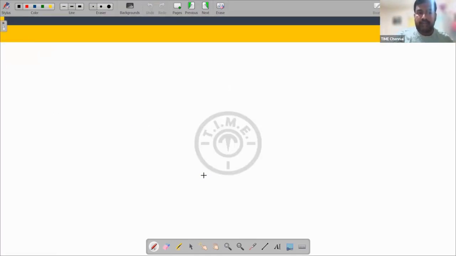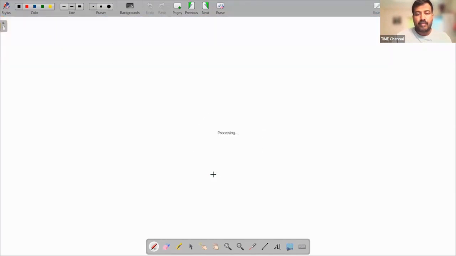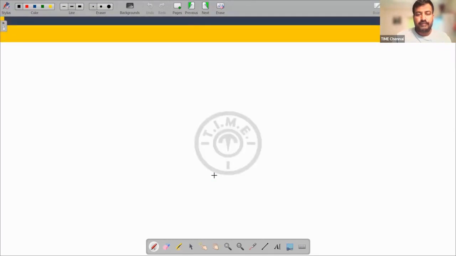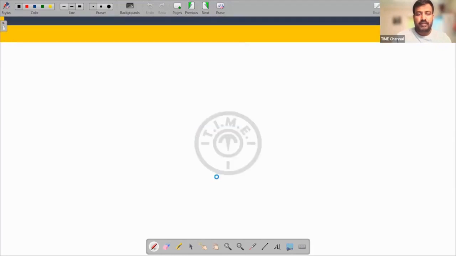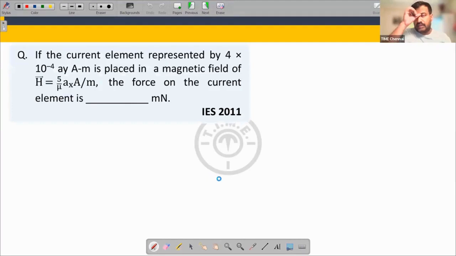But before we do that, we'll try to do some special problems related to Biot-Savart law and forces. Then we'll start Maxwell equations. So let us solve this question.